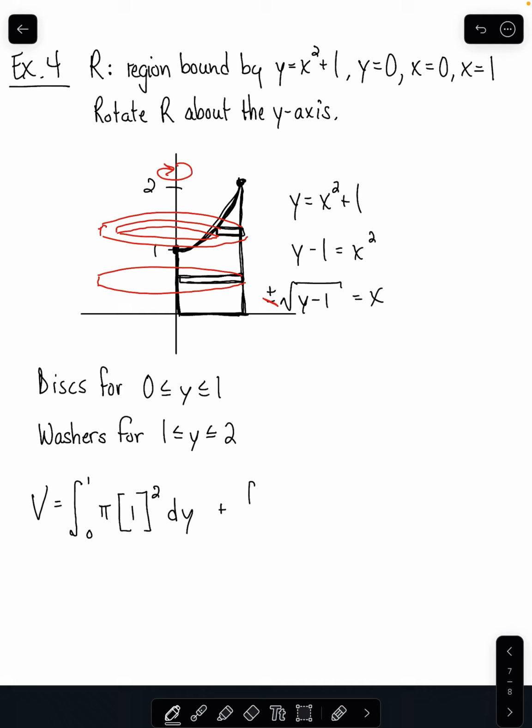On the second portion, from 1 to 2, our outer radius is again given by 1. But our inner radius is governed by the curve, the square root of y minus 1. So fortunately, these will be relatively simple to work with.